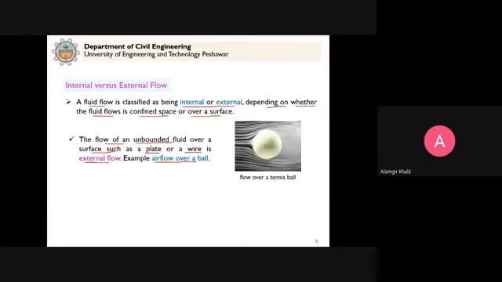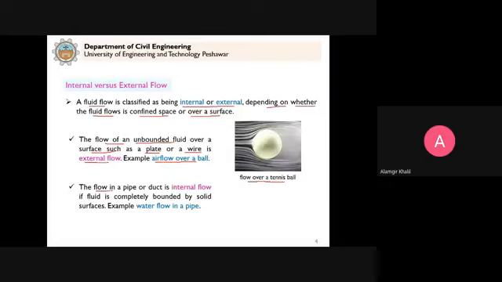For example, in this case, you can see that we have flow over a tennis ball, and you can see the streamlines, how the flow passes the tennis ball. Clear? So this type of fluid flow is known as external flow. You can see here the body is surrounded by a fluid.